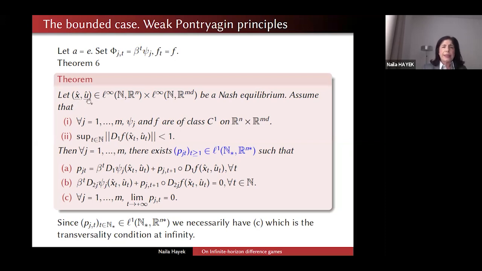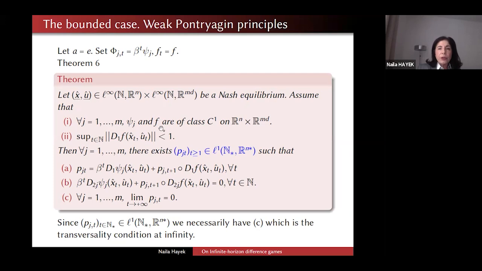So if x hat, u hat is in L infinity times L infinity, so I want my x hat, u hat to be bounded, and it is a Nash equilibrium, then you will see that in this problem the overtaking Nash equilibrium, weak overtaking Nash, and Nash will all be the same because of the boundedness.